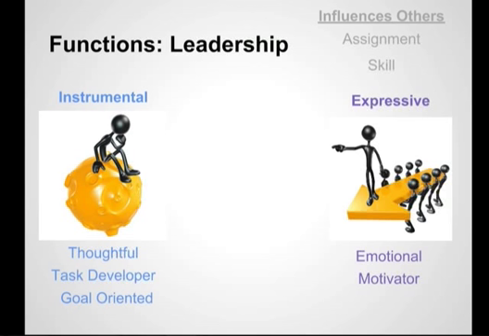Now the instrumental leader will be, again, focused on that goal and continually feeding the tasks that need to be accomplished to reach that goal. And the expressive leader, since he expresses his emotions and he motivates, he wants to build morale so the group tends to want and to desire to get things done on their own.